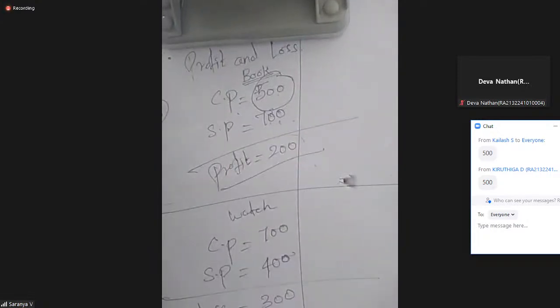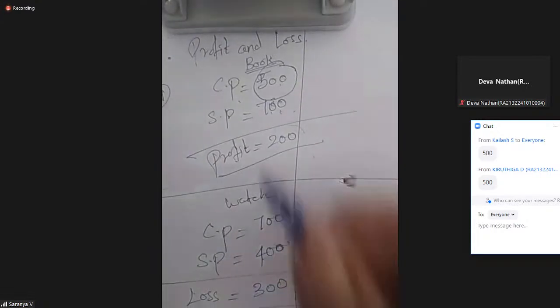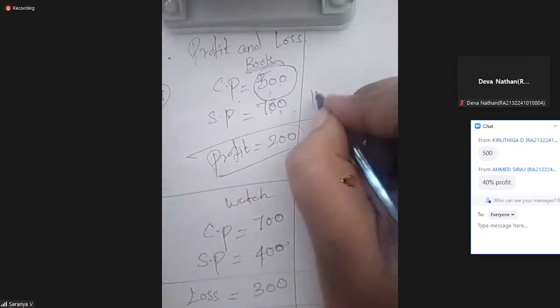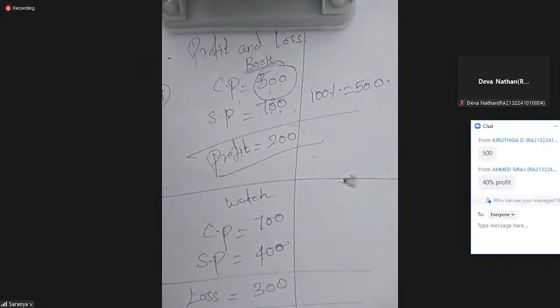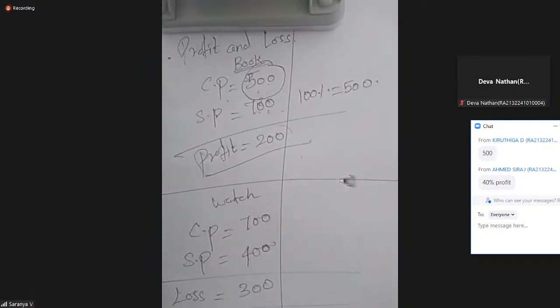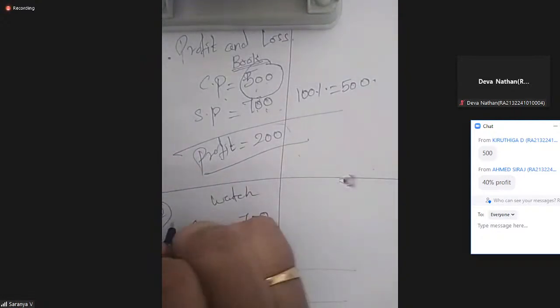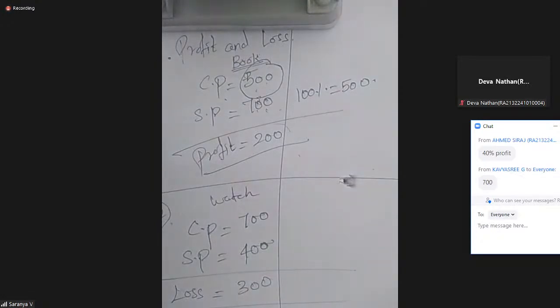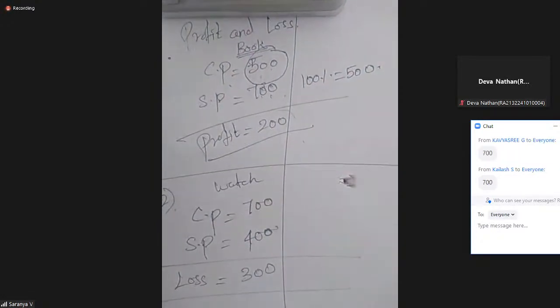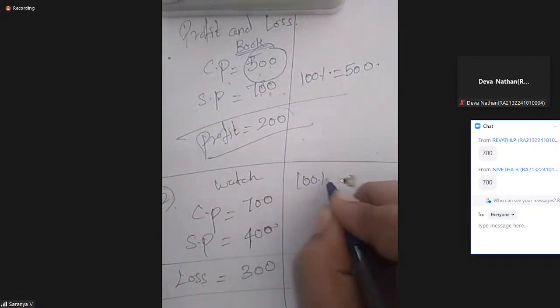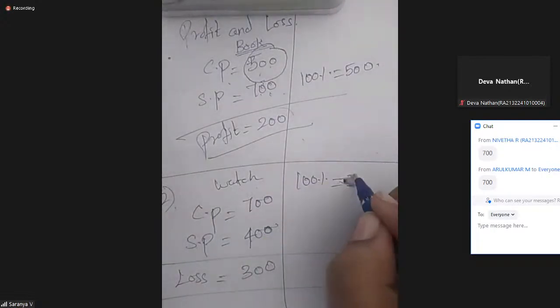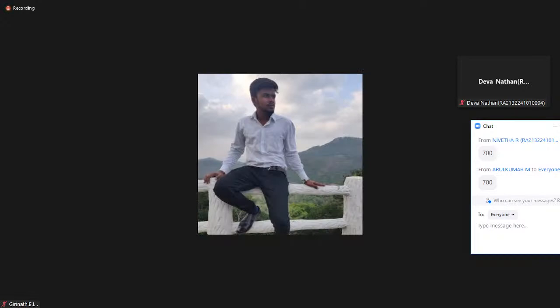So in the first example, the 100% amount of that book is 500 rupees. And come to the next one. What is the 100% amount of the second example? The watch. Yes, right. So the 100% amount of that watch is 700 rupees.